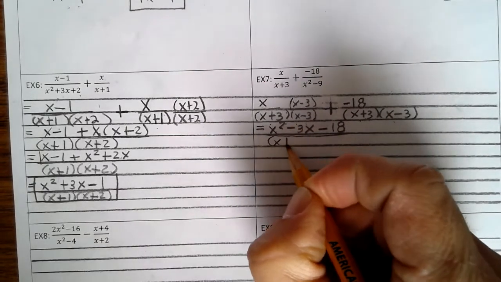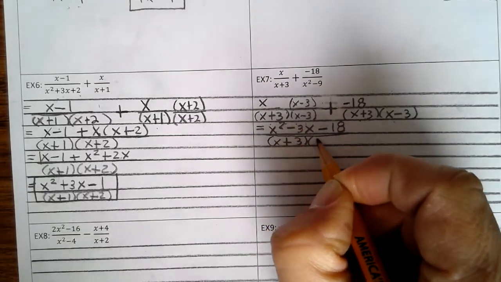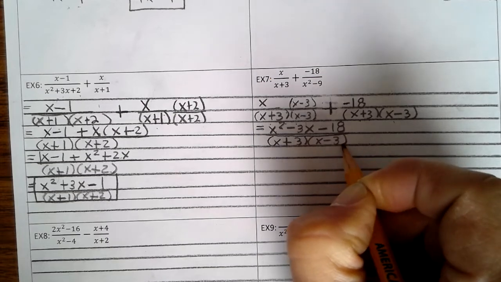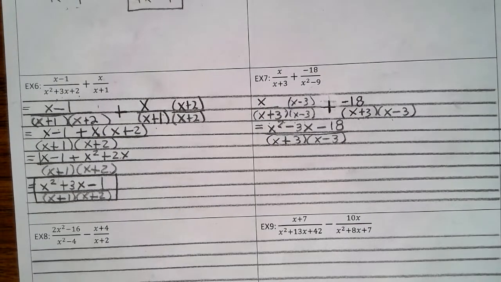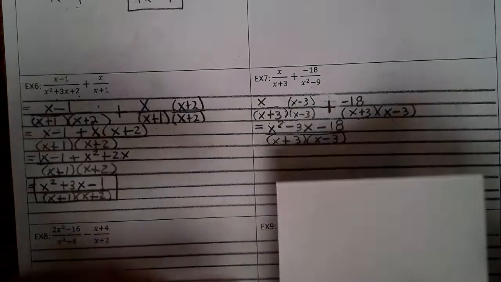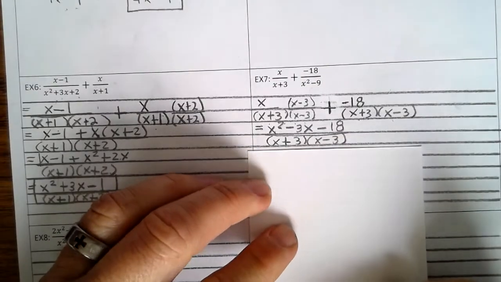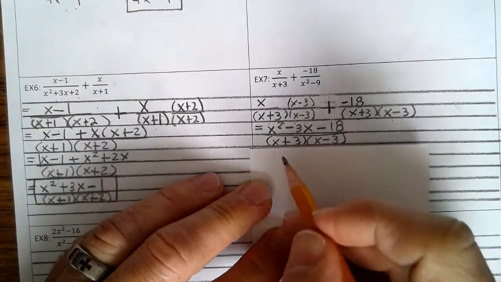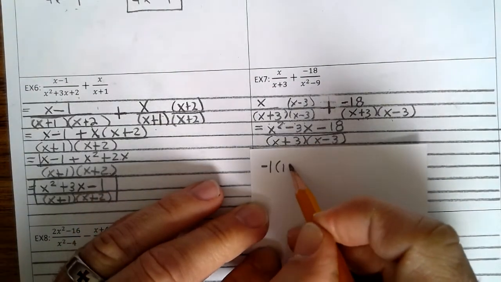Okay, now we need to see if the numerator can be factored. So we need to find all the combinations that make -18 combined to be -3. So -1 times 18 is -18. -1 plus 18 is 17.